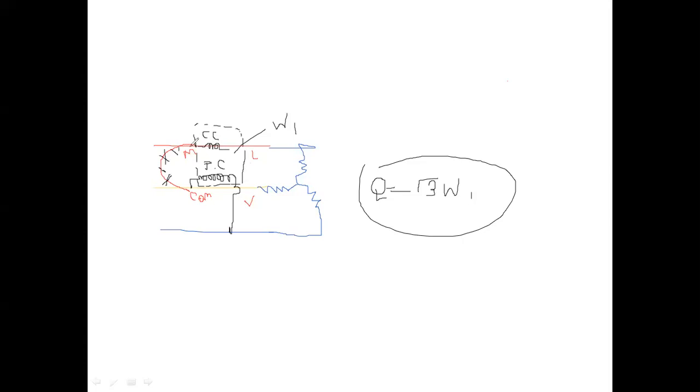This M and L measure the current effect, and the other two measure the potential voltage difference.